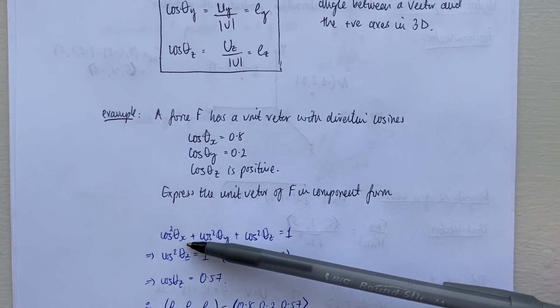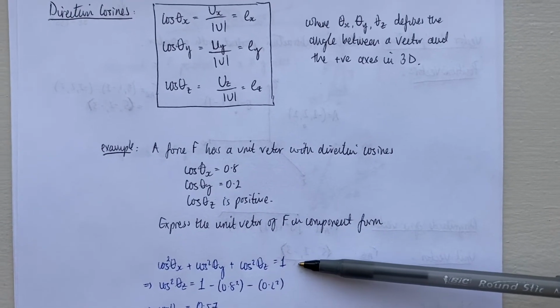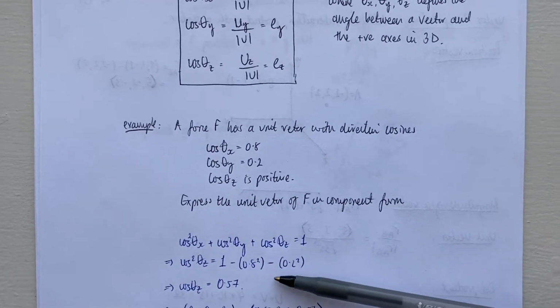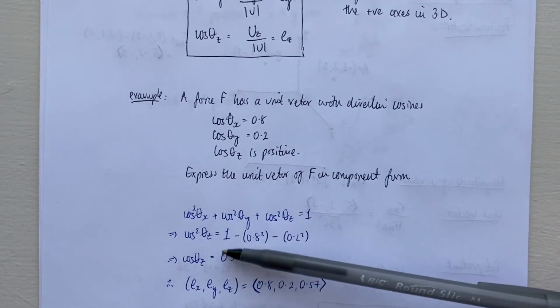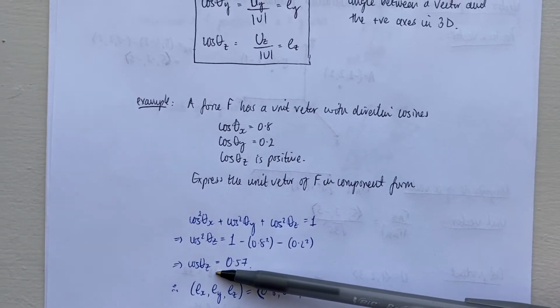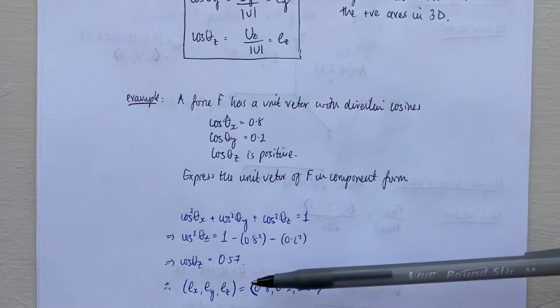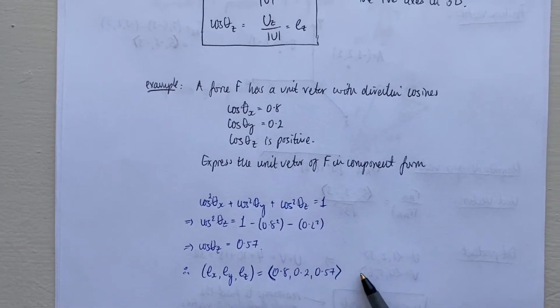The sum of the squares of the cosines of those angles gives me 1. So therefore I've just rearranged it for cosine theta z, plugged in the values that I'm given, and I'm able to rearrange that to find cosine theta z, or the unit in the z direction, is 0.57. So this is my unit vector here.